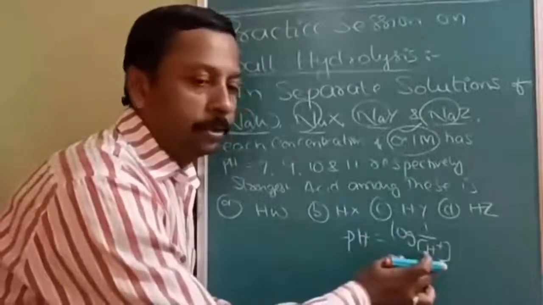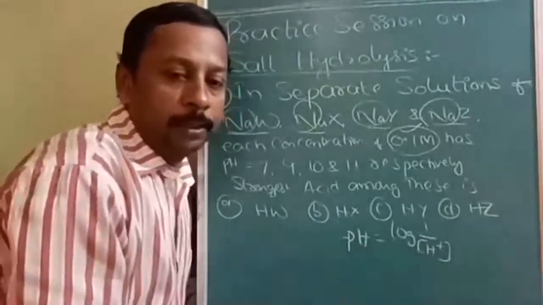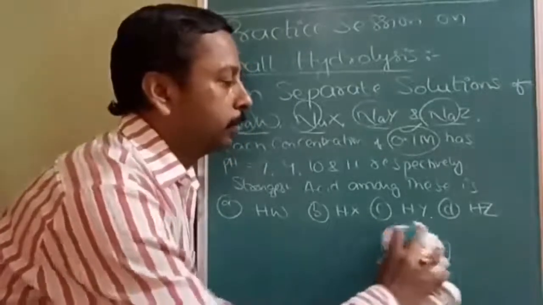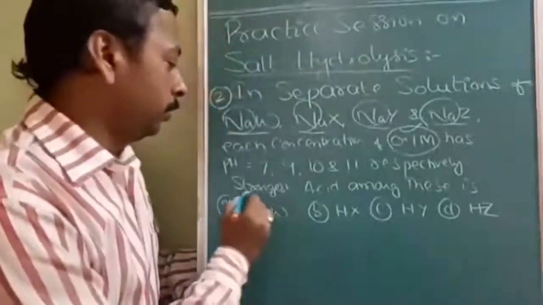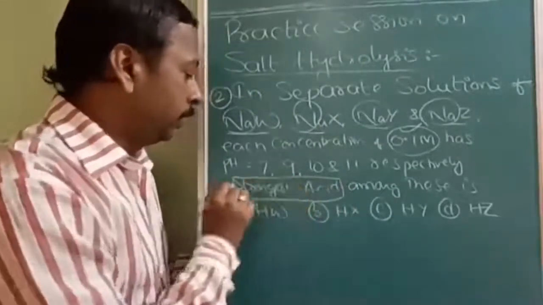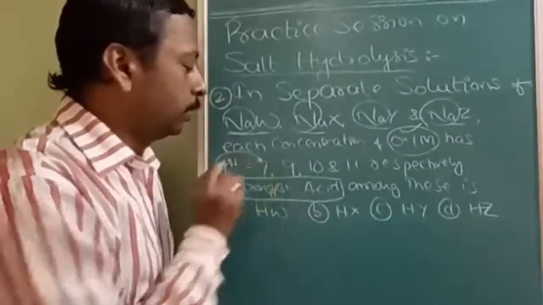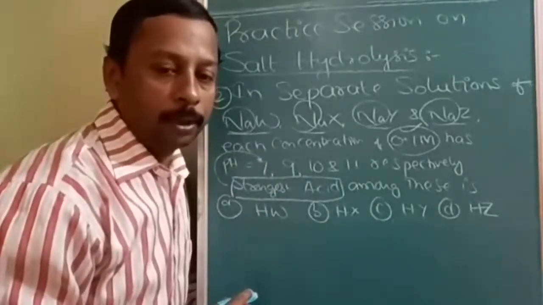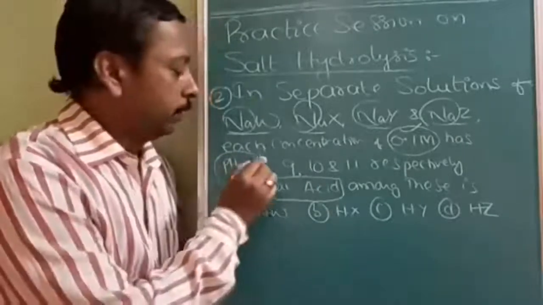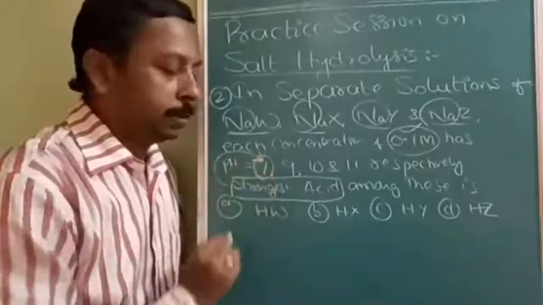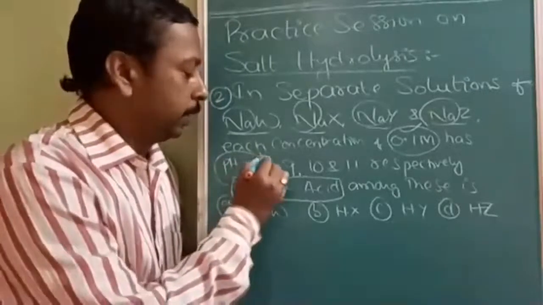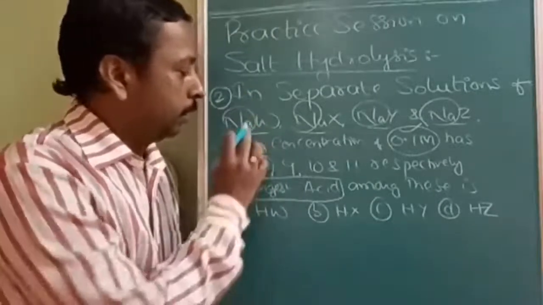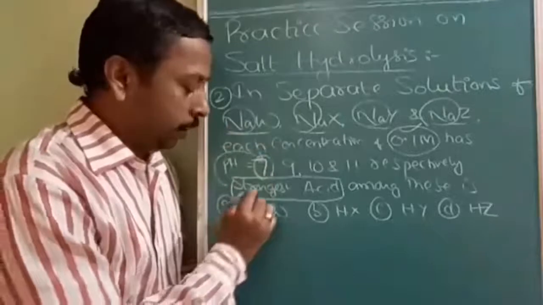Higher the pH, lower will be the acidic strength. Understood? So they should be inversely proportional. Here we need to find the strongest acid. The strongest acid will be from the lowest pH. They are inversely proportional. So the lowest pH, that means HW. So the answer is A.